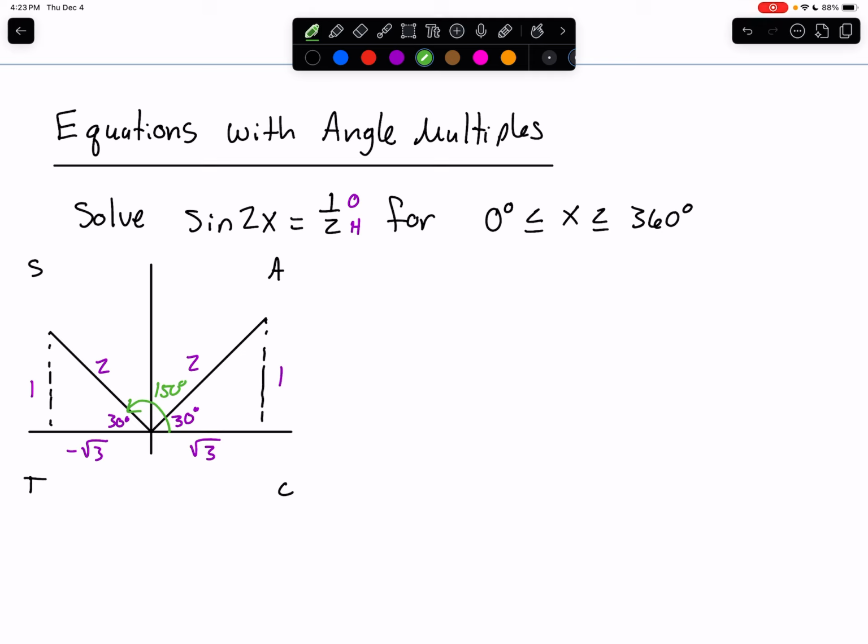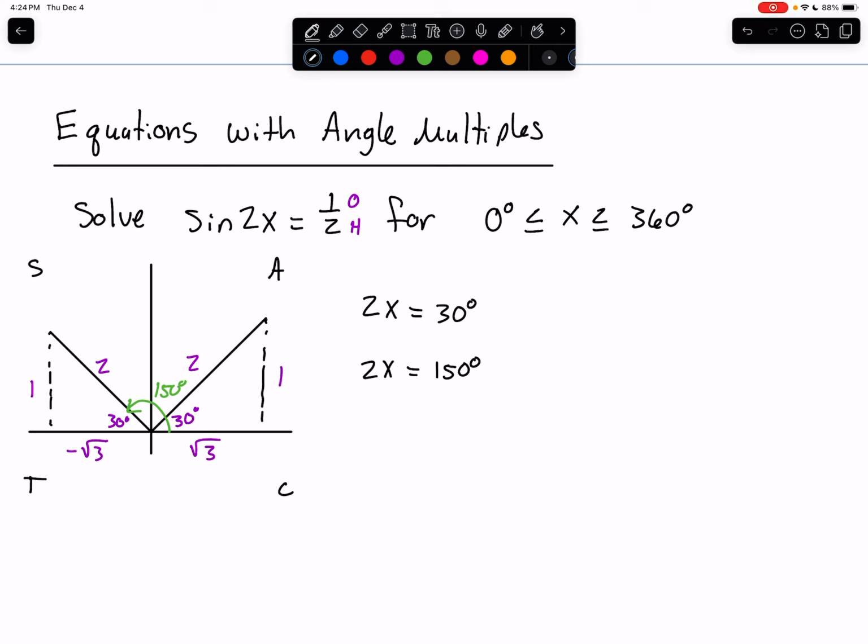So I know that my angle here, 2x, is going to be equal to 30 degrees and 150 degrees, and maybe some other angles too, but let's start with those ones. So 2x is 30 degrees and 2x is 150 degrees.